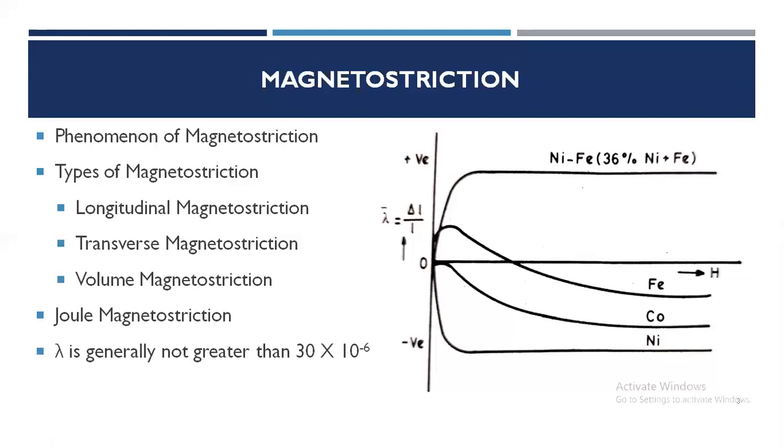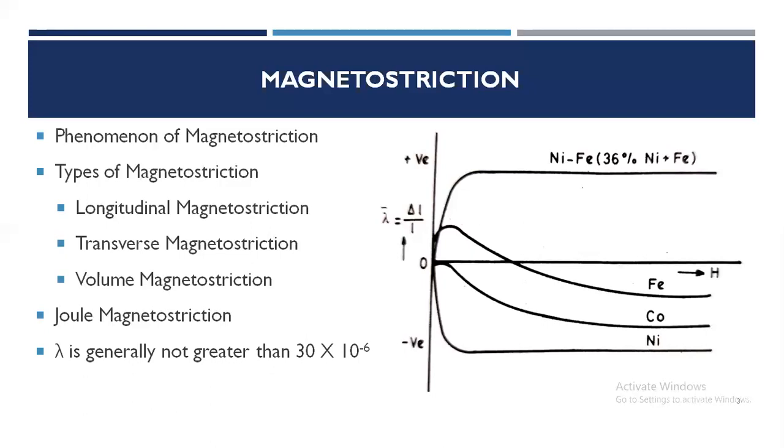The value of lambda is generally not greater than 30 × 10^-6. For a single crystal, the magnetostriction is different in every crystallographic direction.